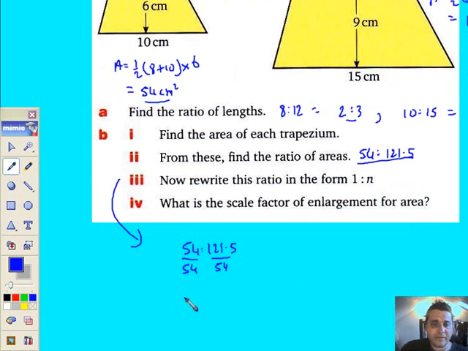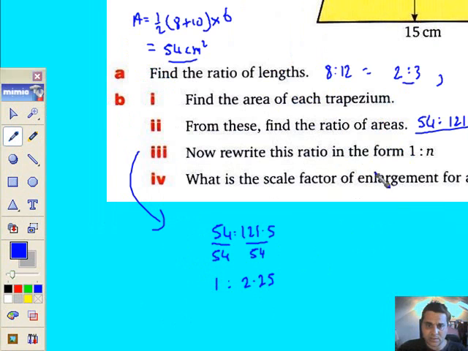So 54 divided by 54 is going to be 1, and 121.5 divided by 54 gives us 2.25. Okay then. So I could double that, see what happens.